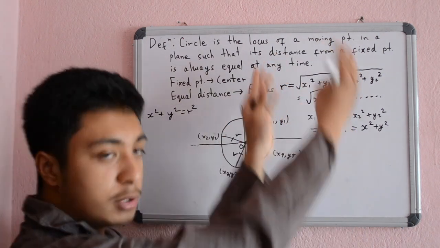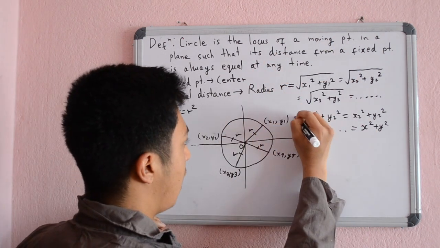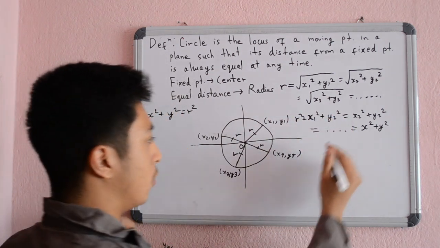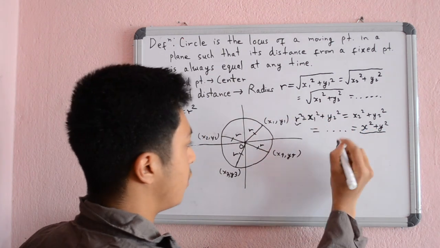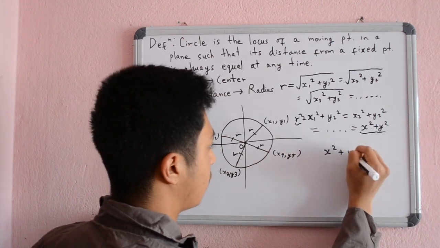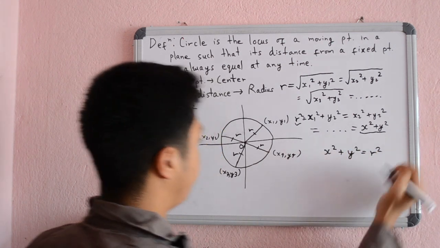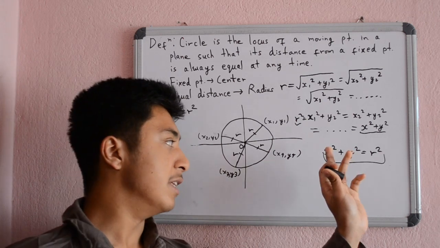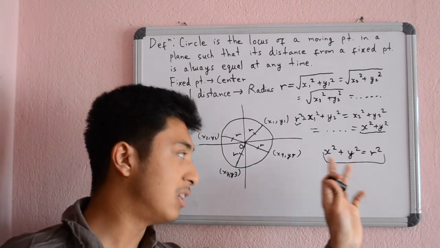And when you square both sides, you'll get r square. So finally, from here and here, you get x square plus y square is equal to r square. There we go. That is the equation of the circle at the origin.